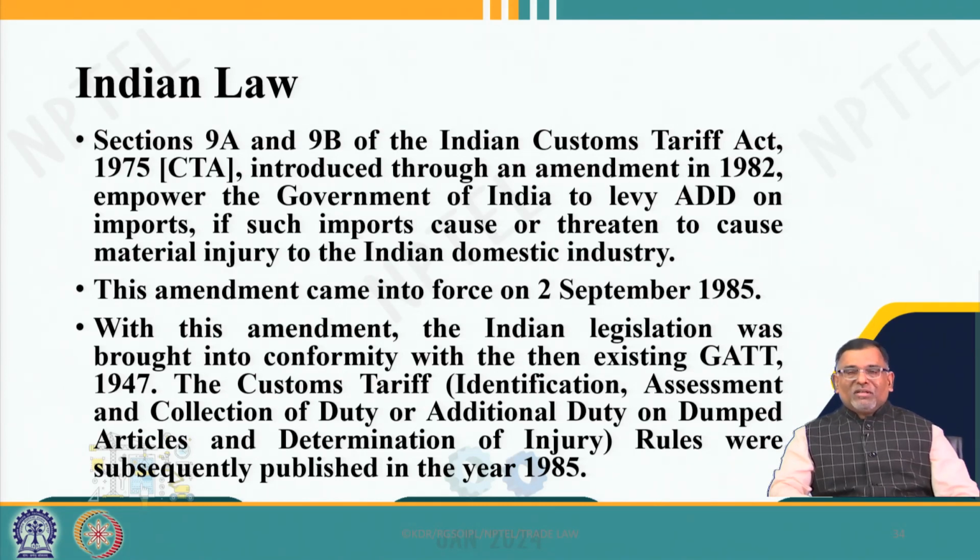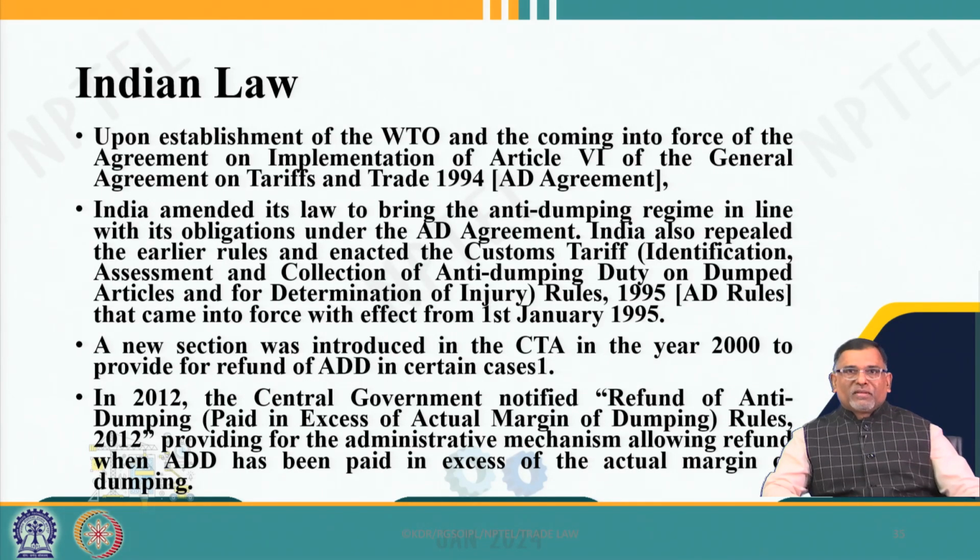That means even 10 years before the anti-dumping agreement came into force in 1995, in 1985 itself, in accordance with the GATT provisions, India amended its law and inserted anti-dumping provisions in the Indian Customs Act 1975.